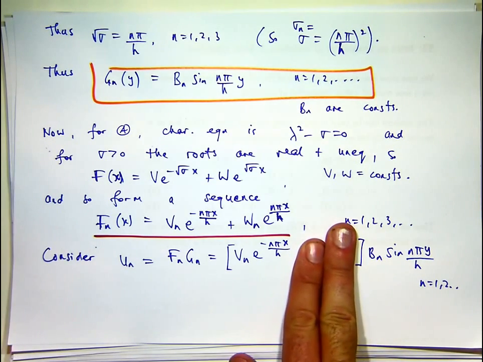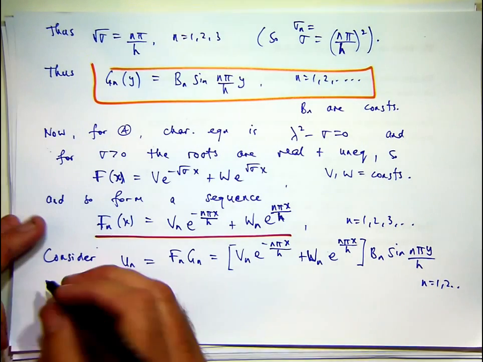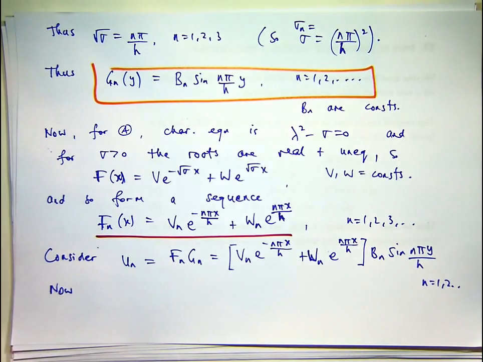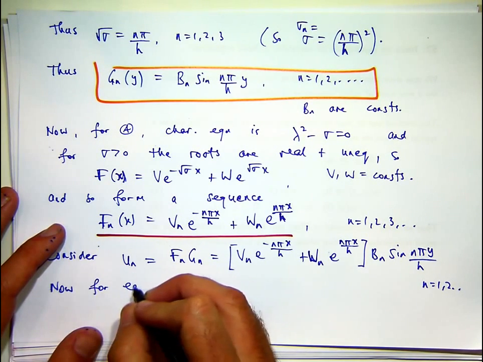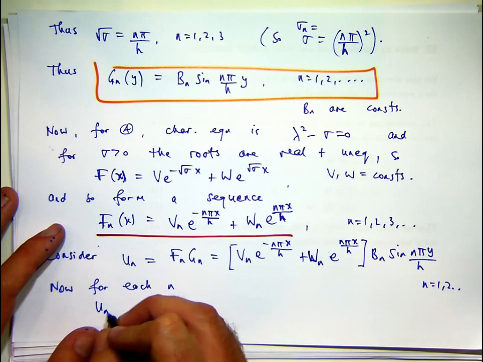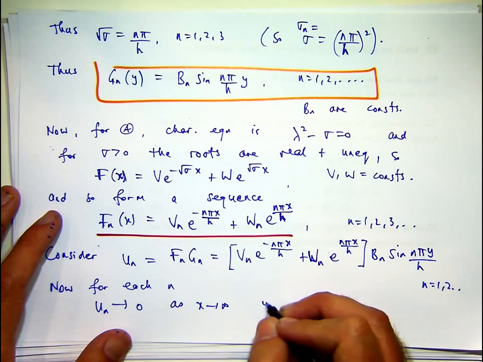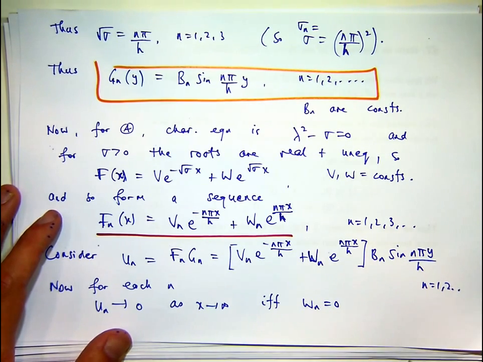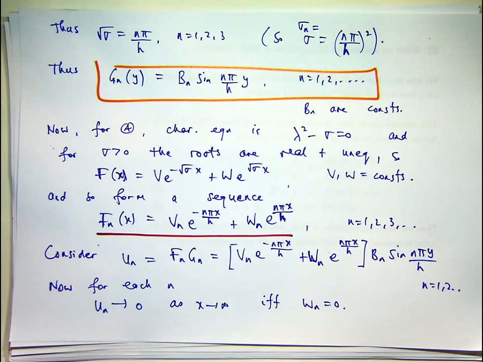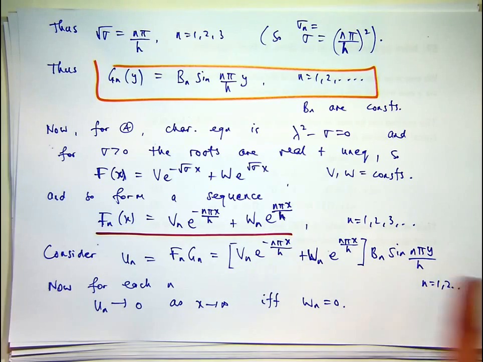So that term will disappear, if and only if this term is 0. So that eliminates that part. So essentially what we're left with is a product of exponential with a sine function.